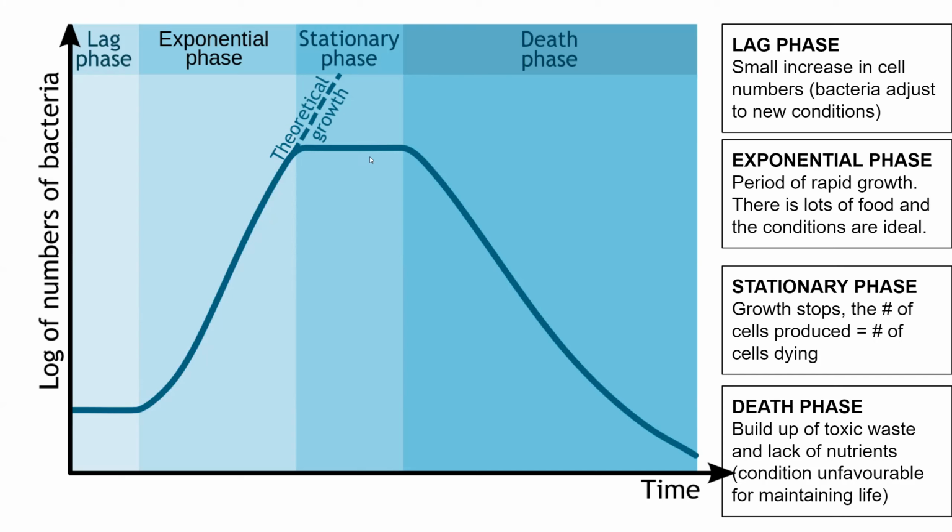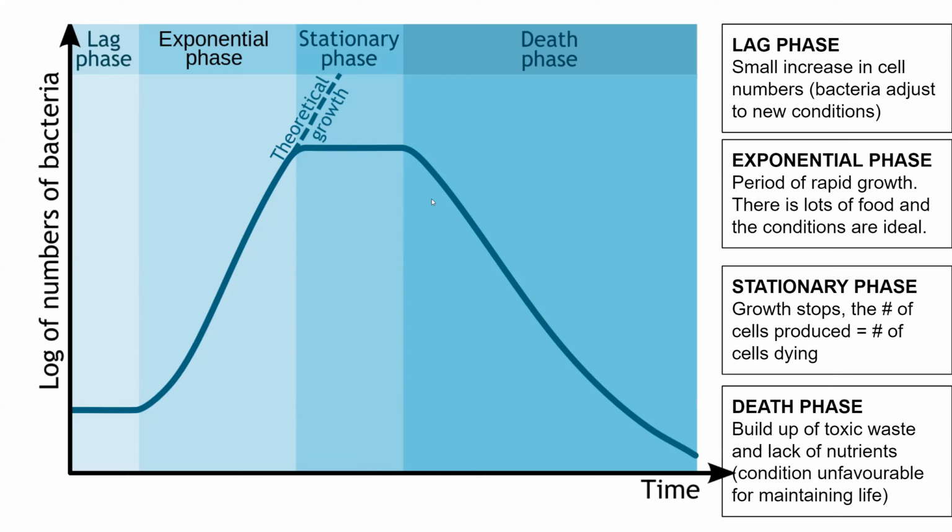After that, we have the stationary phase. This is when growth stops. The number of cells produced equals the number of cells dying. They die for a few reasons. Some of the time it's because there's a lack of nutrients and waste buildup.